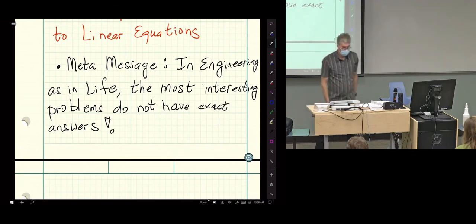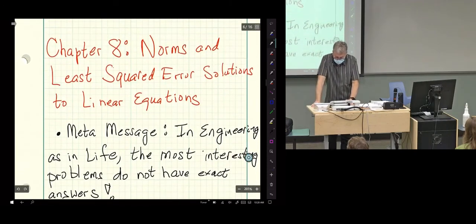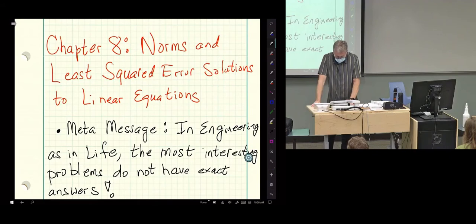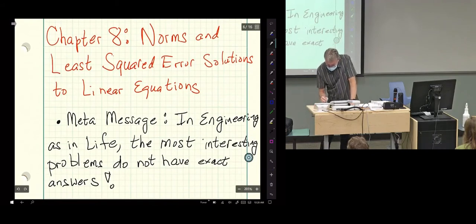Okay. So we're going to be looking at equations that just don't have solutions. AX equals B, and B is not in the column span of A. B is not a linear combination of the columns of A. Okay? So we're going to pose a notion of error, and then we're going to try to minimize that error.